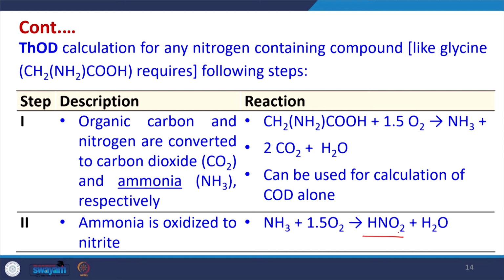This second step is there for THOD, but the first step will be valid for COD also. Glycine is getting converted into ammonia, CO2 and H2O, and this equation can be used for COD alone, and the second step is used in addition to the first step for THOD.